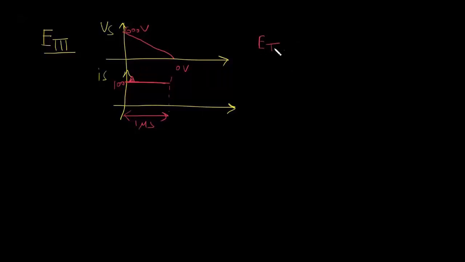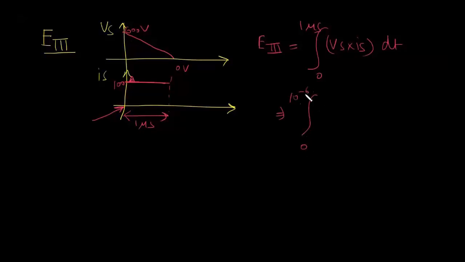So the energy dissipation during the third interval is the integral of Vs Is dt from 0 to 1 microsecond. So considering this as origin, you can write the equation of Vs. So Vs will be 600 into Is 100 dt.